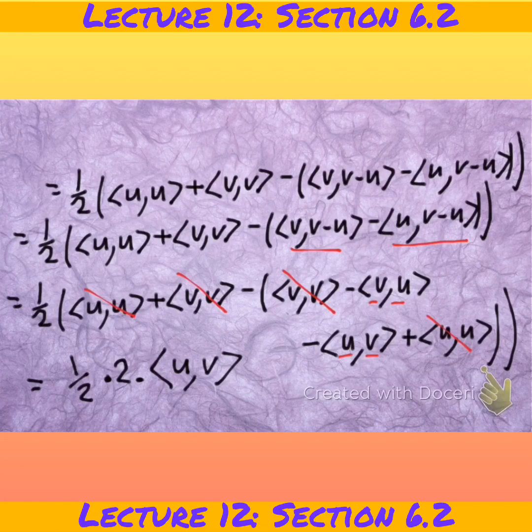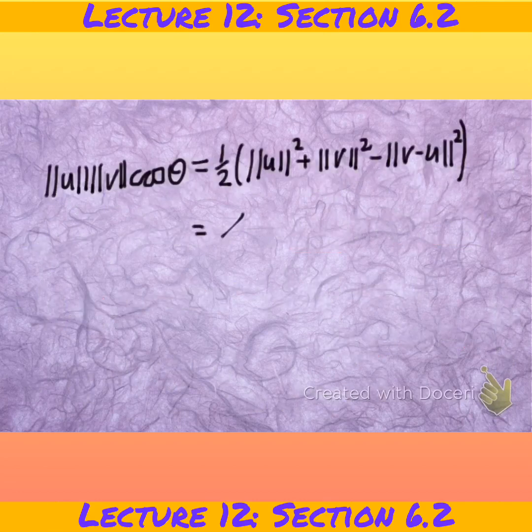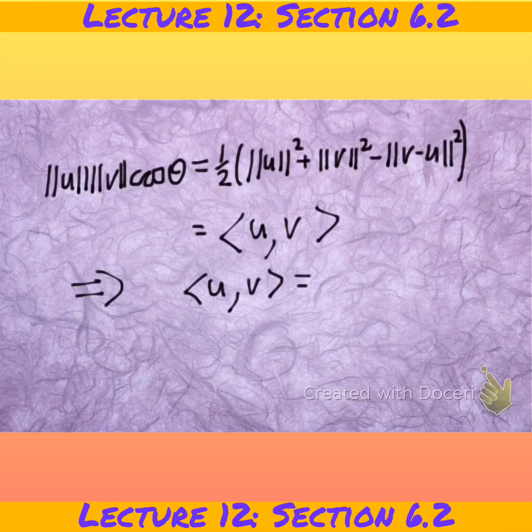That was one of the axioms. So we can do that replacement, and that whole term is equal to the inner product of u with v. From there we can deduce that the inner product of u with v is this term here.